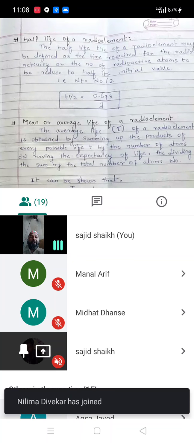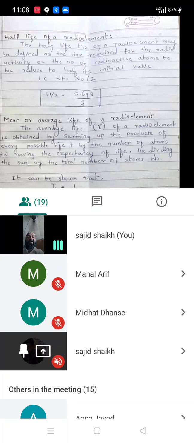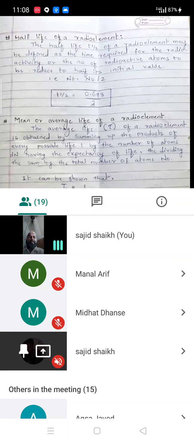Half life of a radio element is denoted by T half, or you can directly call it half life. T half of a radio element may be defined as the time required for the radioactivity, or the number of radioactive atoms, to be reduced to half of its initial value.